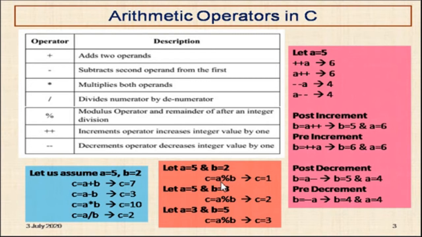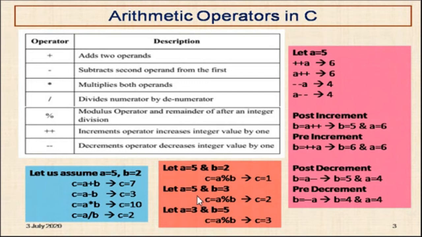In the division of 5 by 2, quotient is 2, remainder is 1. And for this expression, we are getting the answer as 1 because the mod operator provides the remainder.